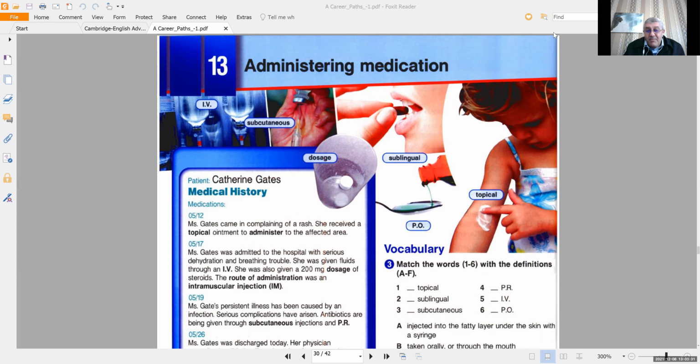Number one, we are going to deal with administering medication: how to give medication, what kind of medications are given to the patients, and how to control these medications. Also, how to give the prescription and describe the frequency of this medication. That means how to measure the time and the quantities of these medications.